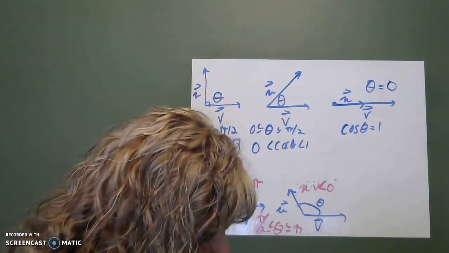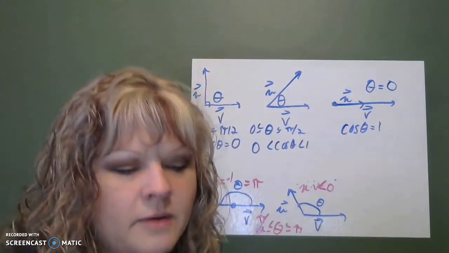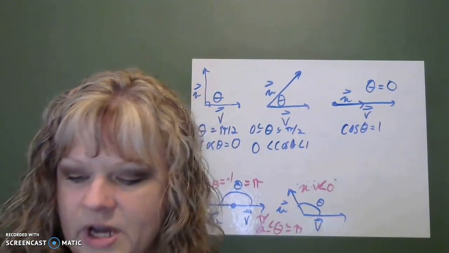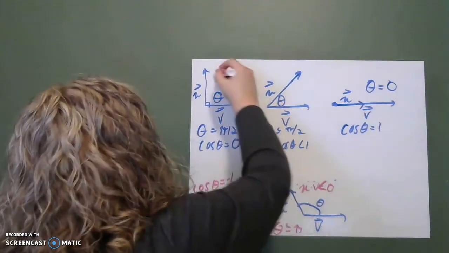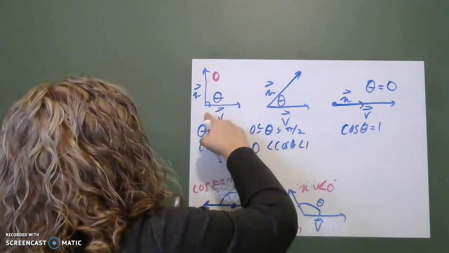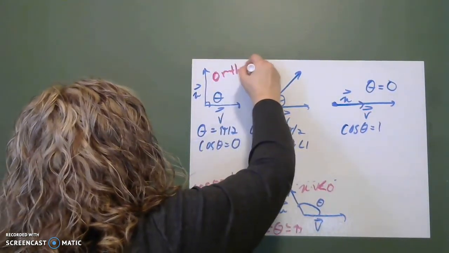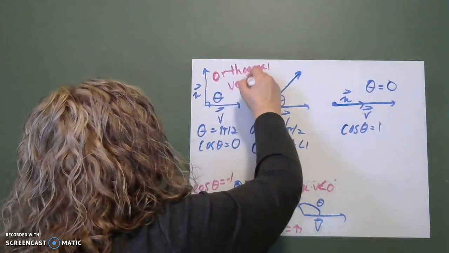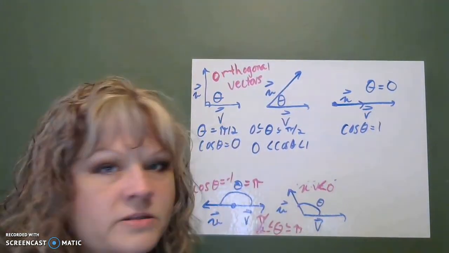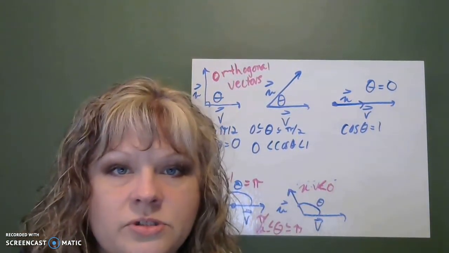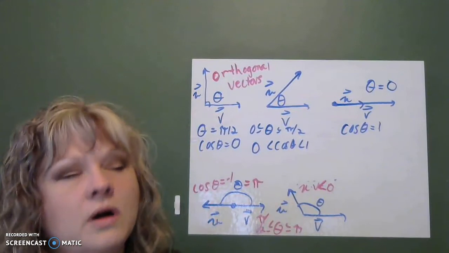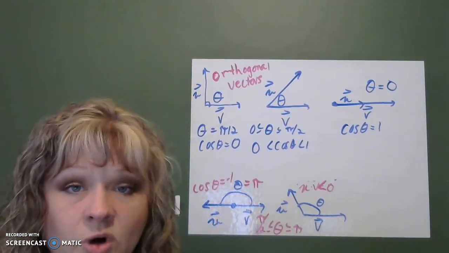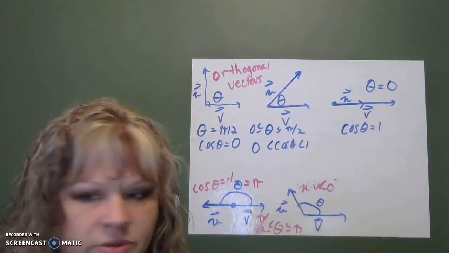Now, there's a special term for vectors that make a right angle. These are also called orthogonal vectors. So that's another phrase used to describe vectors that are perpendicular to each other.